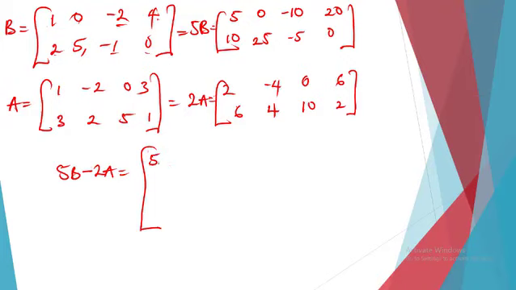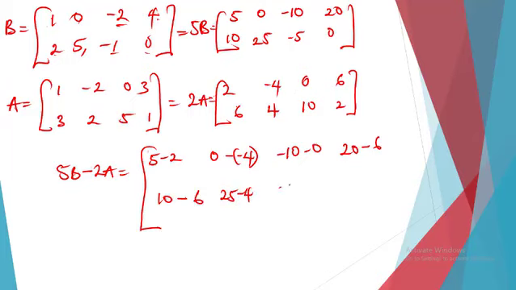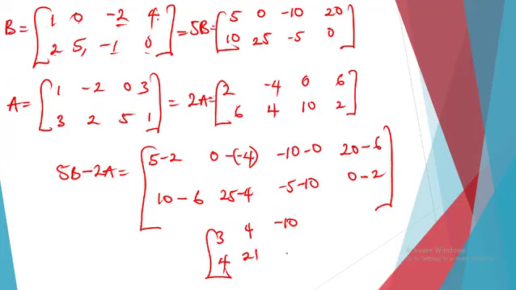We have 5 minus 2, we have 10 minus 6, we have 0 minus 4, we have 25 minus 4, we have minus 10 minus 0, we have minus 5 minus 10, we have 20 minus 6, and we have 0 minus 2. So 5 minus 2 will give us 3, 10 minus 6 will give us 4, 0 minus 4 will give us minus 4, 25 minus 4 will give us 21, minus 10 minus 0 will give us minus 10, minus 5 minus 10 will give us minus 15, 20 minus 6 will give us 14, and 0 minus 2 will give us minus 2.